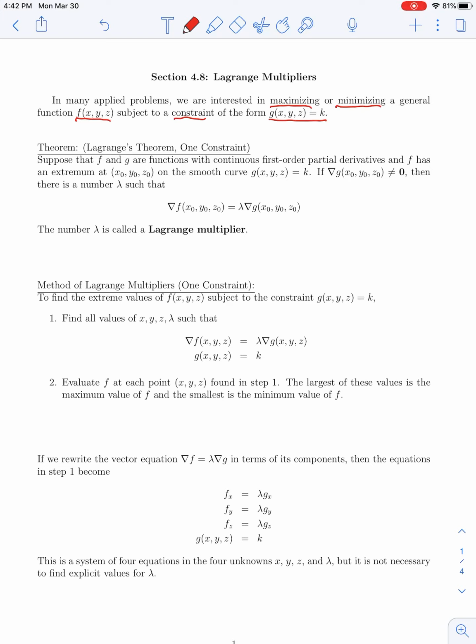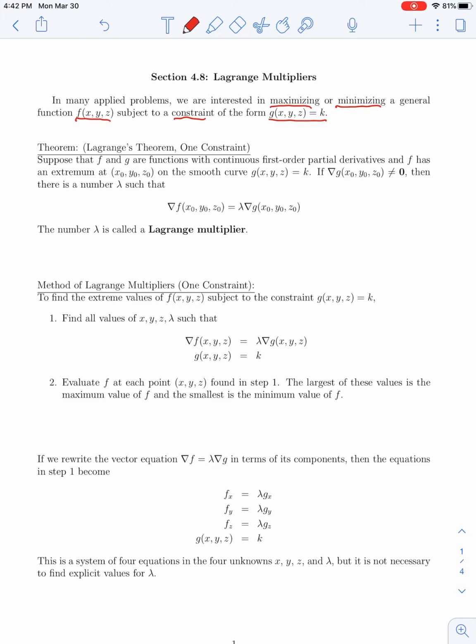So examples that we saw in our last section were maximizing the product of 3 numbers whose sum was a given constant value, or maximizing the volume of a box that had a surface area equal to some constant value. So a lot of applied problems will involve optimizing some function subject to a constraint.